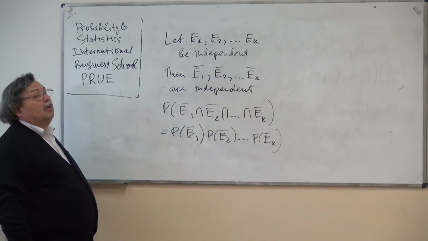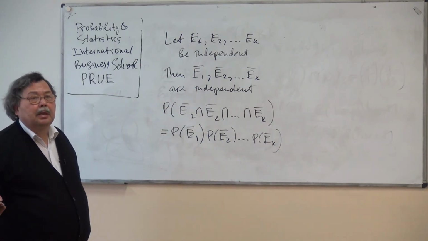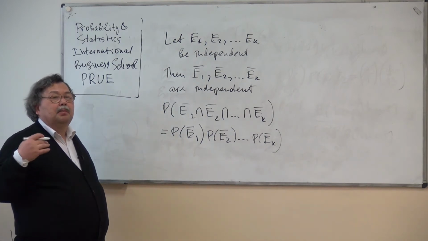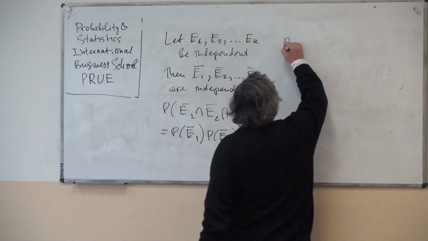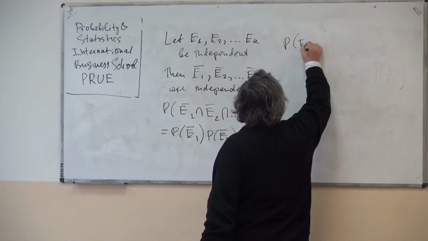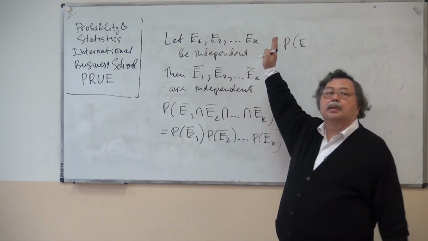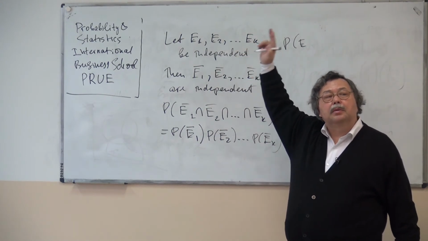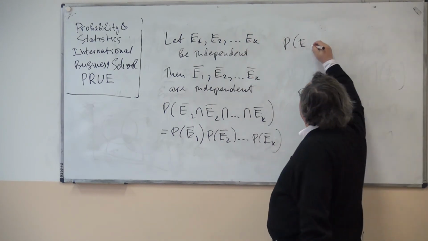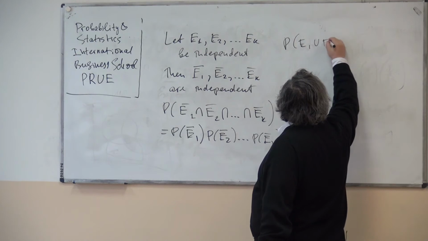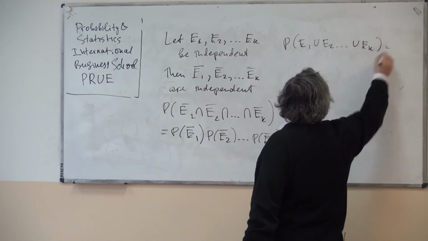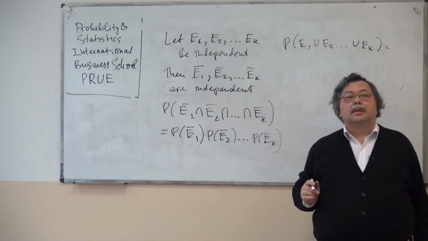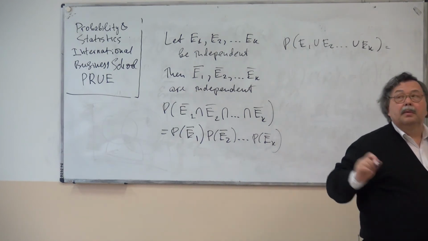Well, how is this formula important? There is a very important application to this formula. Suppose we want to compute the probability that at least one of these events, E1 to Ek, occurs: E1 or E2 or Ek. Now let's ask ourselves, what is the complement of this event?